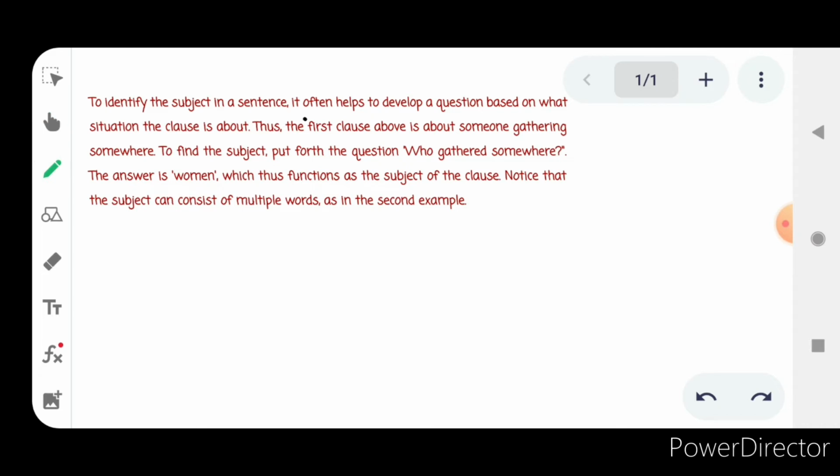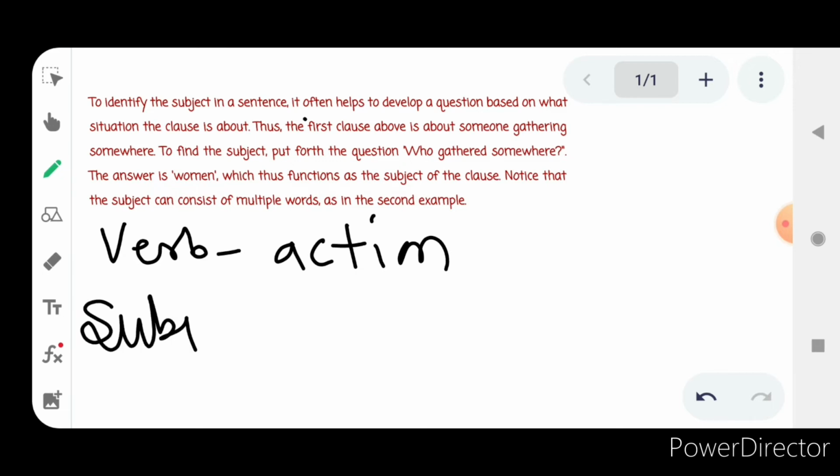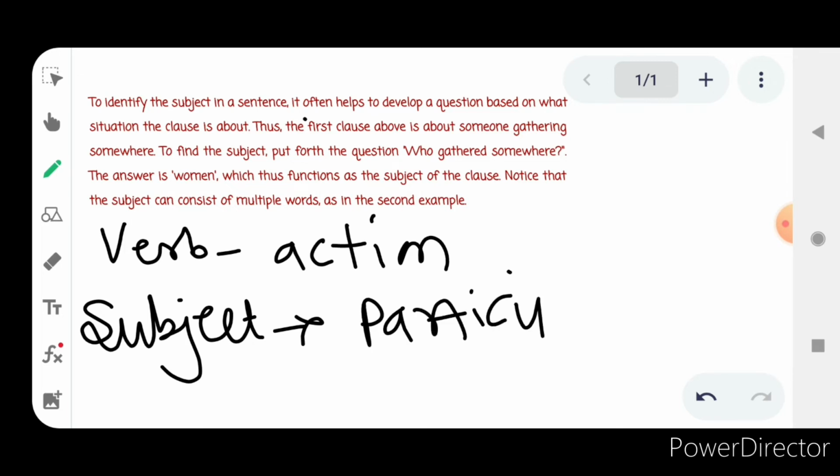What I told you earlier, the verb indicates action, and the subject is the participant.